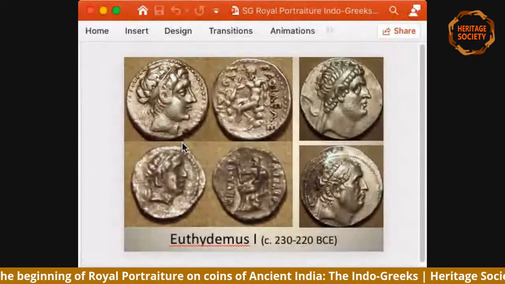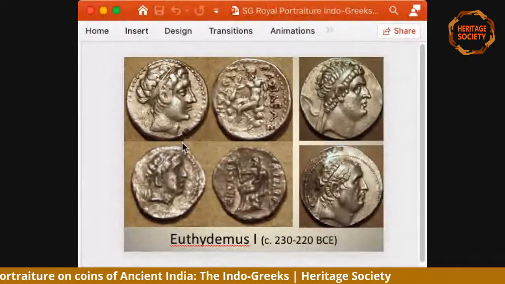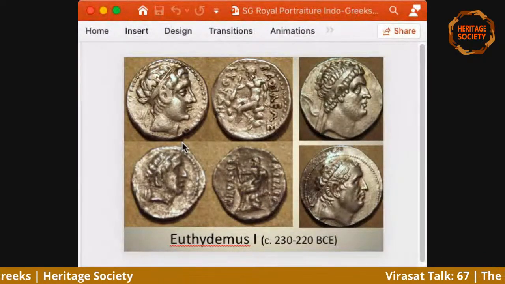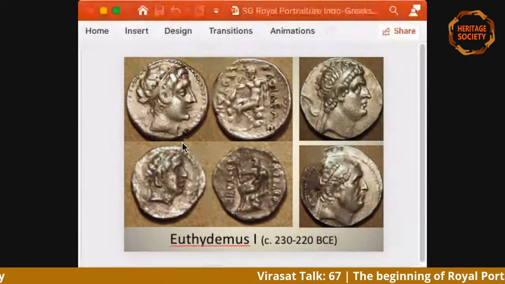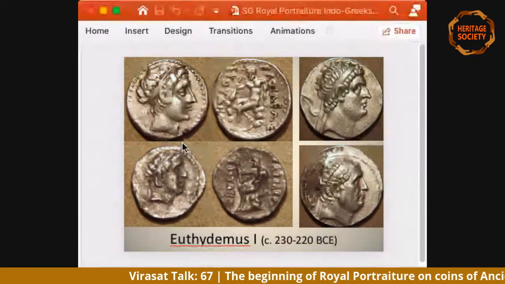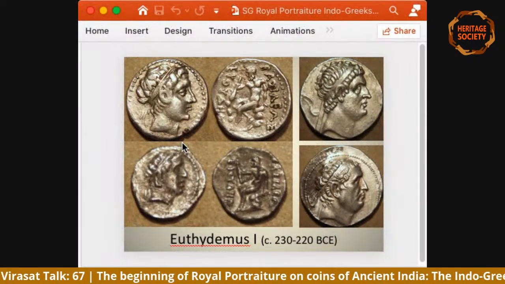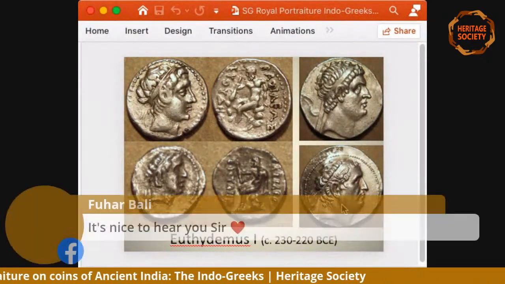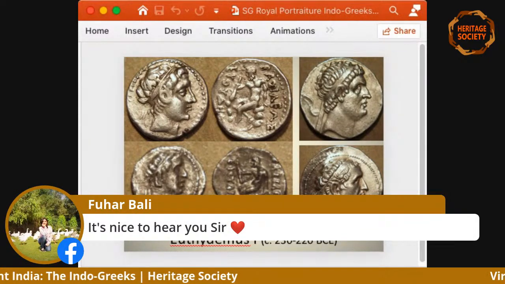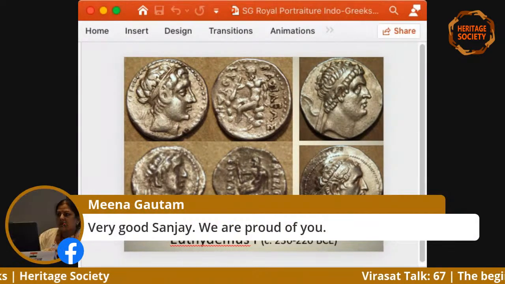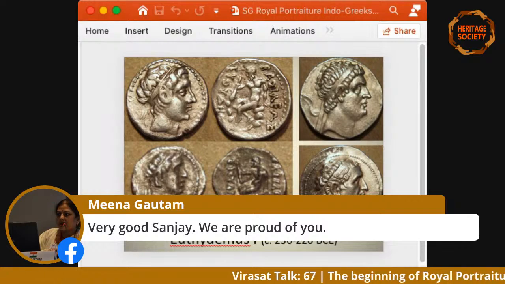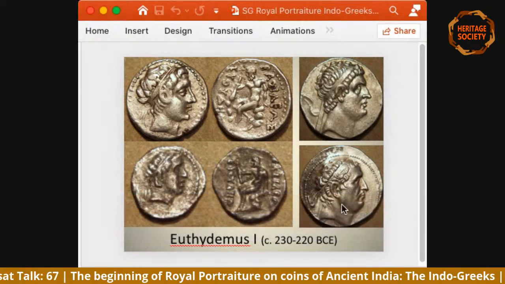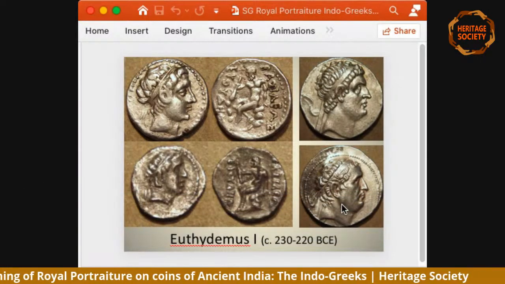This is something interesting, where you see the realistic portraiture of the ruler, the issuer of the coin, on this set of coins, all of the same ruler, from the very young portrait to a portrait of an elderly person. And this is how we are able to, because there's no date on these coins, and very few coins are found in a stratified layer in excavations.